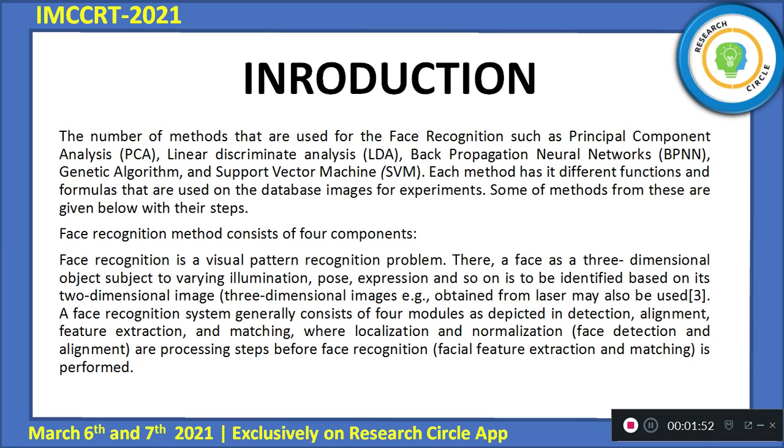Face recognition methods consist of 4 components. Face recognition is a visual pattern recognition problem. There, a face, as a 3-dimensional object subject to varying illuminations, pose, expression and so on, is to be identified based on its 2-dimensional images. 3-dimensional images, for example obtained from a laser, may also be used.